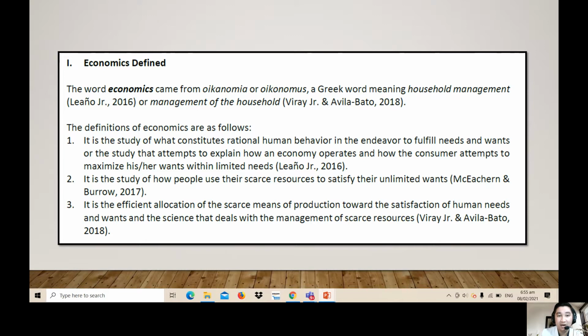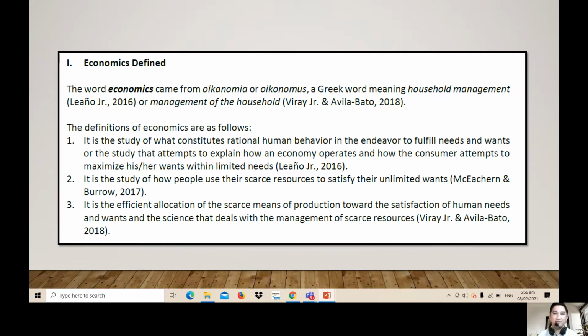It is the study of what constitutes rational human behavior in the endeavor to fulfill the needs and wants, or the study that attempts to explain how an economy operates and how the consumer attempts to maximize his or her wants within the limited needs. So that's a study that constitutes rational behavior.